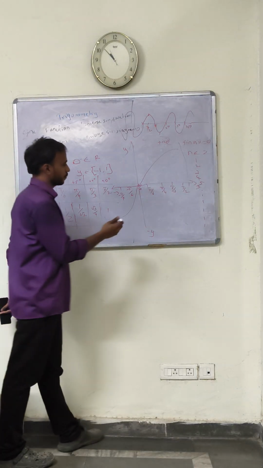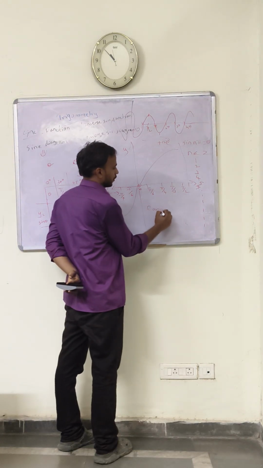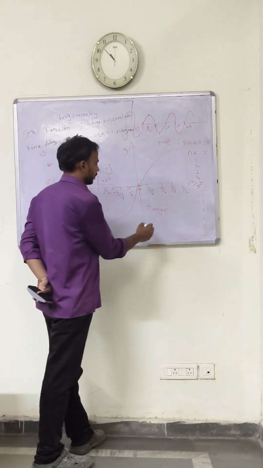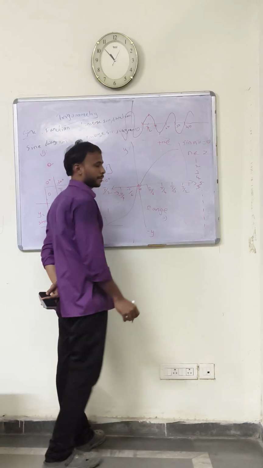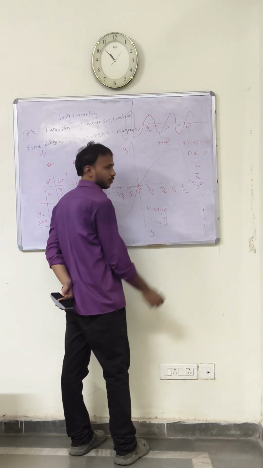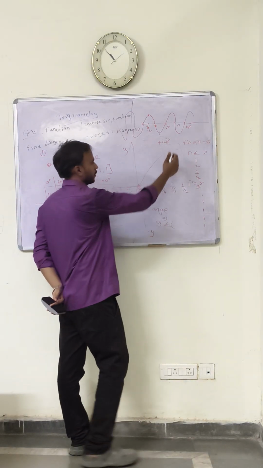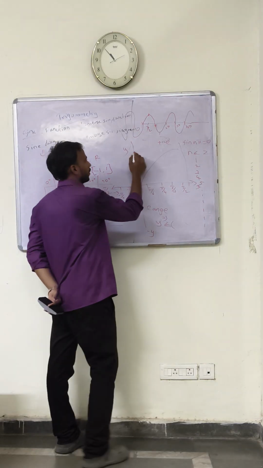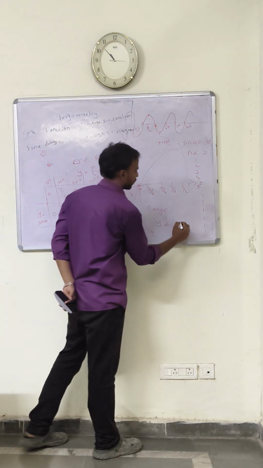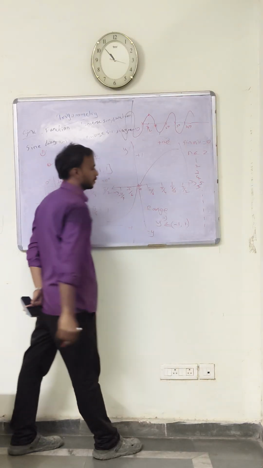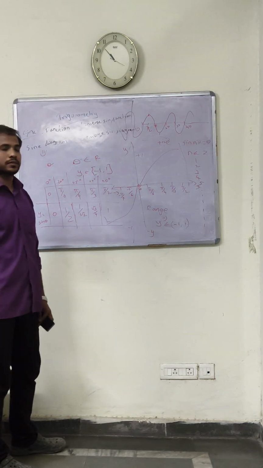So here, what about the range? The range is important. That's why we explained this much. So what is the range? Here plus 1, here minus 1. So minus 1 to plus 1. So this is the range.